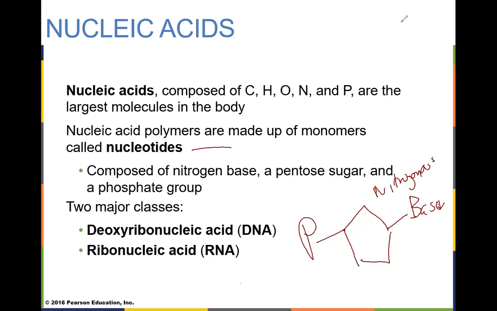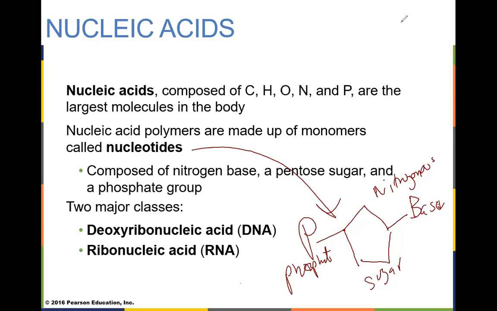This is a nucleotide: a phosphate group, a sugar, and a nitrogenous base over here. And so the 3 components make up the nucleotide. And there are 2 types of nucleotides, one with the 5-carbon sugar with oxygen, and one with an oxygen atom missing.